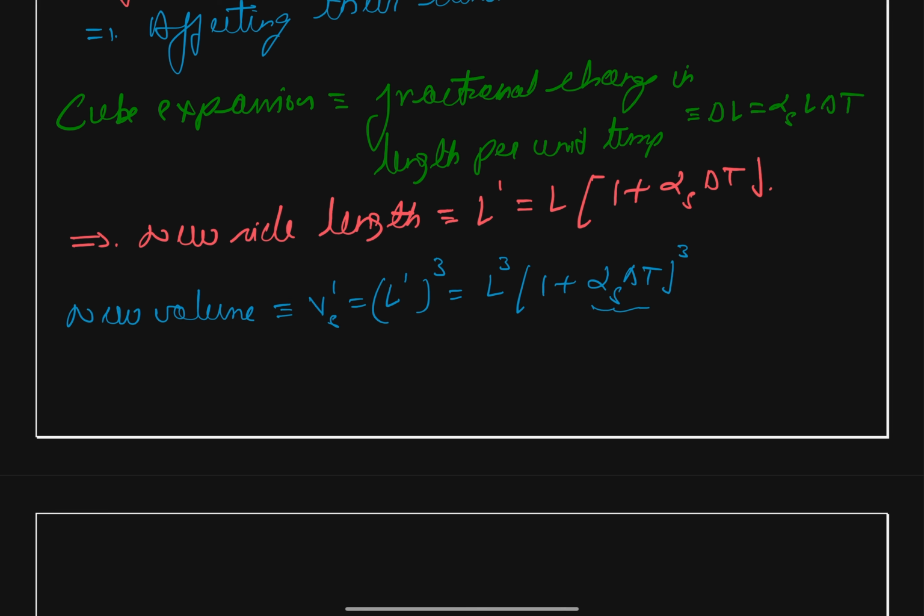Therefore we can approximate that (1 plus alpha s delta T) whole raised to the power cube is approximately equal to 1 plus 3 alpha s multiplied by delta T. So Vs prime is approximately L cube times (1 plus 3 alpha s delta T).